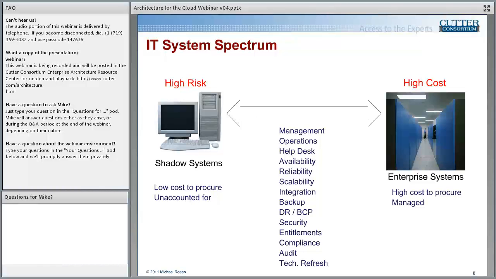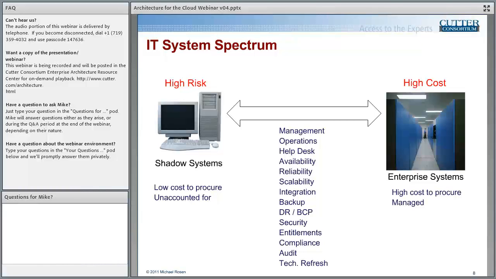So at the other end of the spectrum, we have these enterprise class systems that we own and manage. There's a high cost to procure, but the risk is reduced. And so the question that we want to ask about the cloud is, where in this spectrum of cost versus risk are these new cloud systems going to come in? When we bring in a software as a service, are we going to have help desk support?